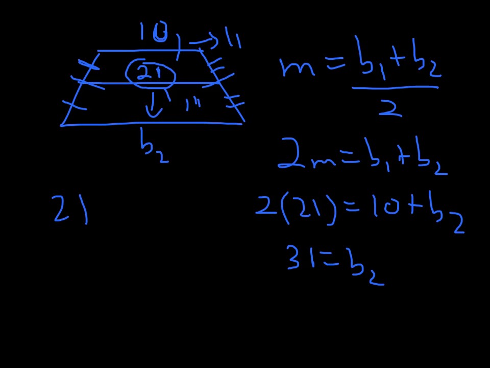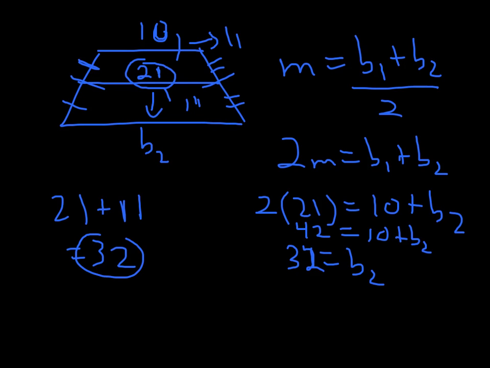So I would take 21 plus 11. I would get 32, and I just noticed over here, to write it down, 2 times 21 is 42, so 42 minus 10 is 32, so there is a mistake. See, I was going to show you work. 42 equals 10 plus b2, so if I subtract 10, it is 32.